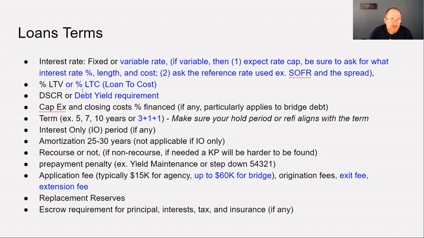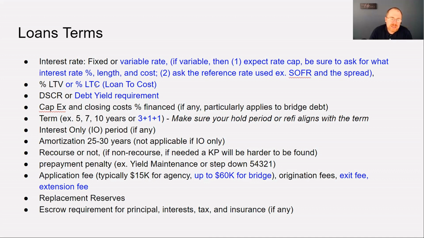The next piece of information you're going to want to understand is the loan to value that we discussed earlier in the prior slides, or more specifically for bridge debt, the loan to cost. Because in the case of bridge debt, you're going to be able to finance the repairs as well, the capex, either all of it or part of it.